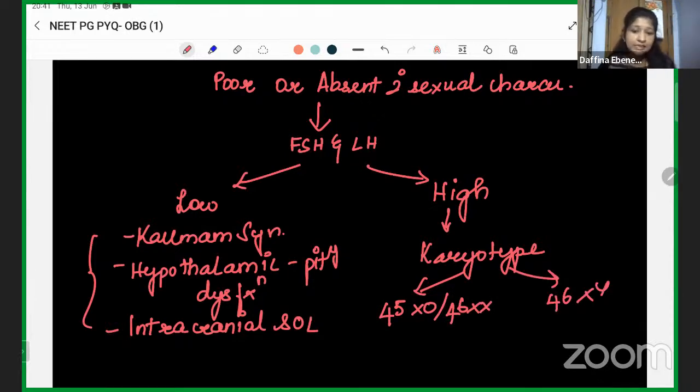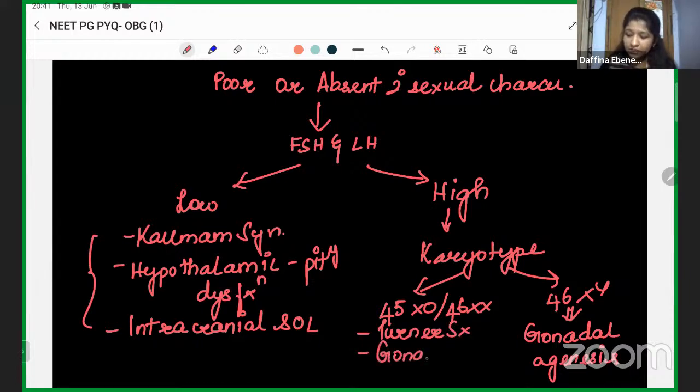If it is 46XY, the only thing it's going to be is gonadal agenesis. On the other hand, if it is 45XO, it could be Turner syndrome. Gonadal dysgenesis has no specific karyotype. It can occur both in 46XX as well as 46XY type. And one more thing is resistant ovary. These are the different types.